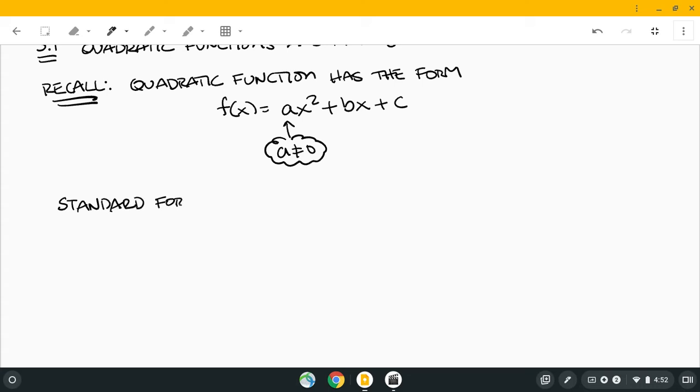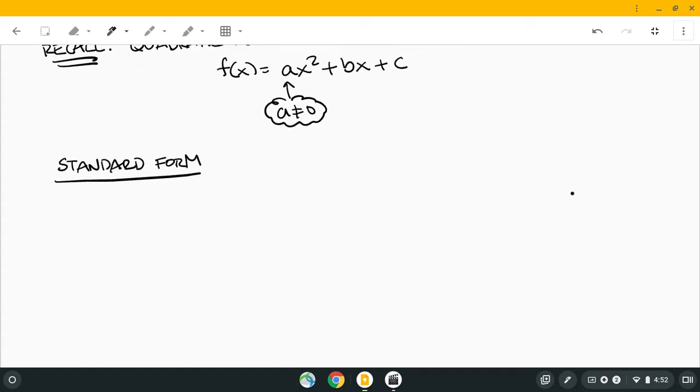Depending on which book you use, some books will call this one standard form, and they'll call this next one vertex form. However, your book calls this one standard form, and they don't have a name for this one. Okay, so standard form looks like this.